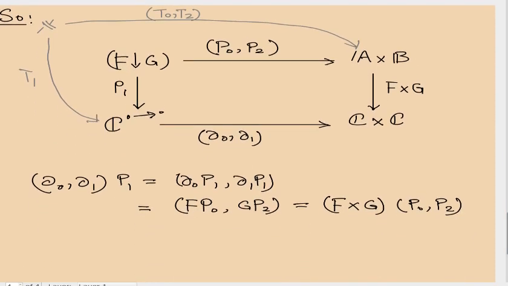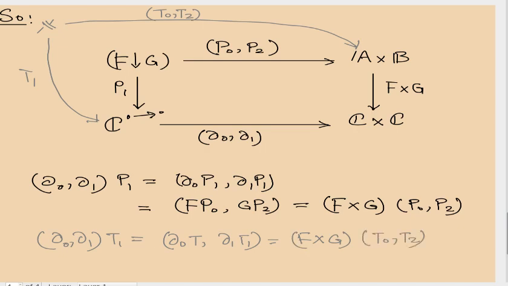So this one commutes again. So del 0 T1, del 1 T1 is nothing else but del 0 T1, del 1 T1. So this is equal to F cross G T0 T2, which means this is F T0 and G T2.